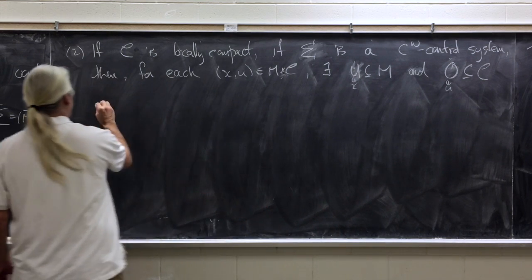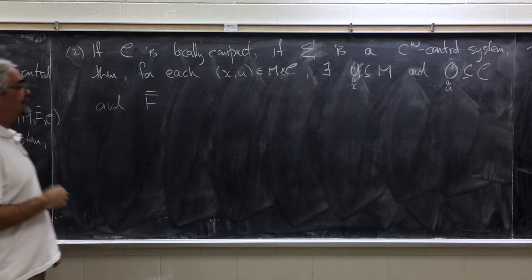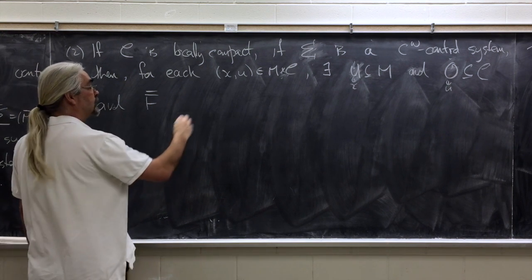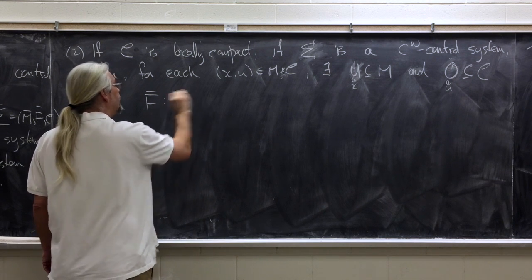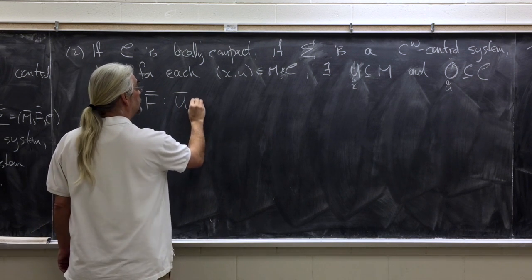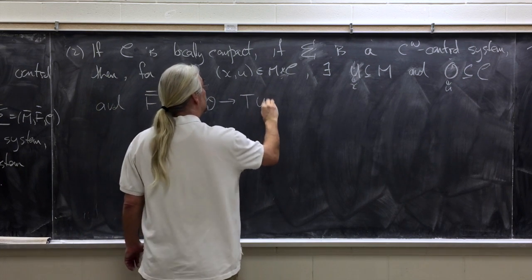Okay, and an F bar, which is a holomorphic extension of this thing. Okay, so you complexify the neighborhood U to a neighborhood U bar in M bar cross O into U bar.